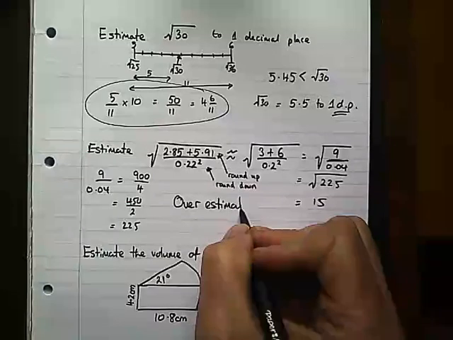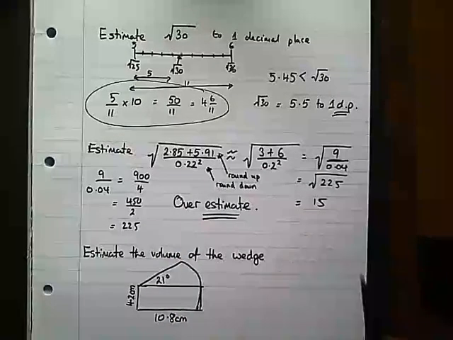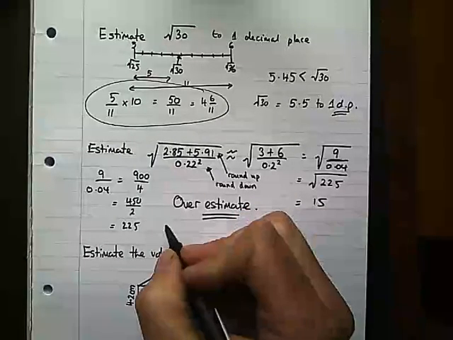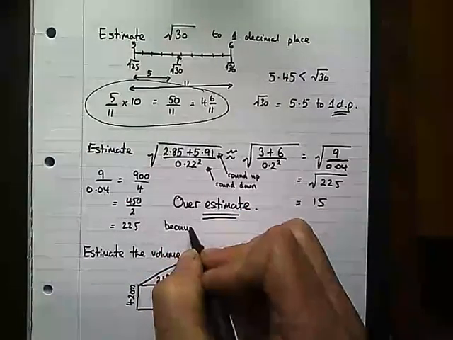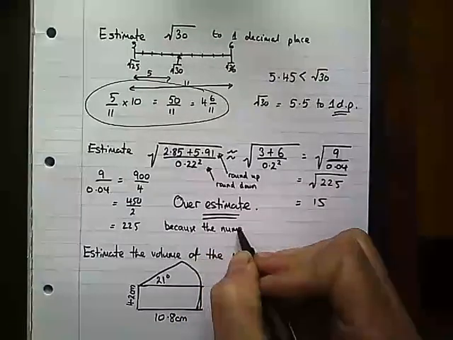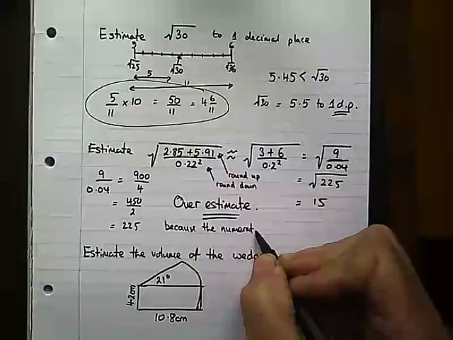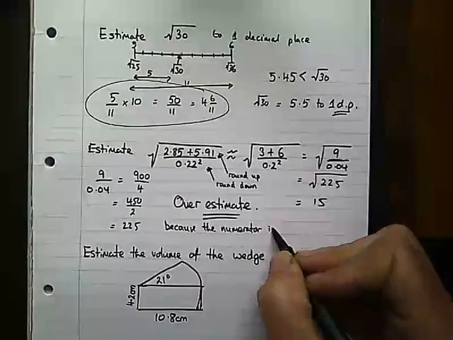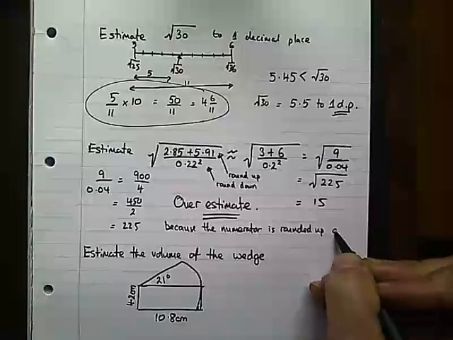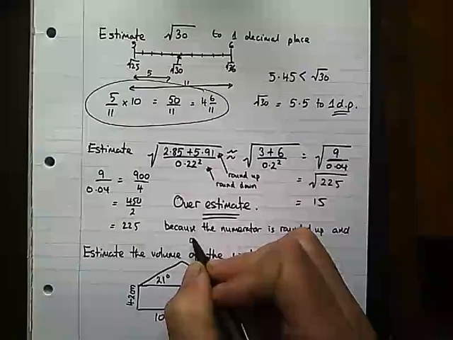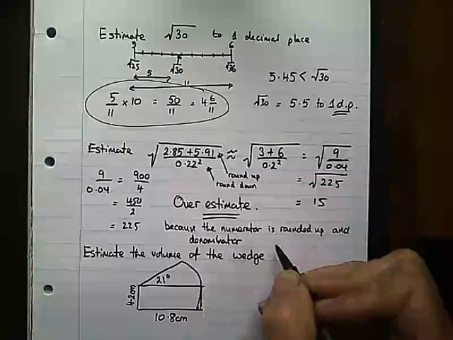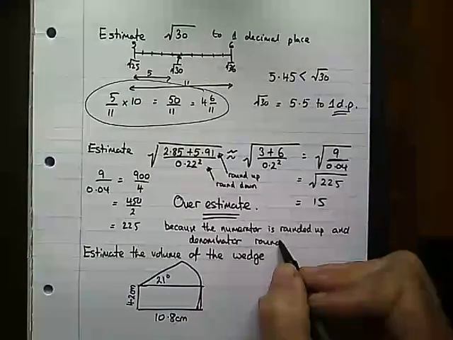Okay, so sometimes you will get asked to explain why you think it's an overestimate, and you might say because the numerator is rounded up and the denominator rounded down.